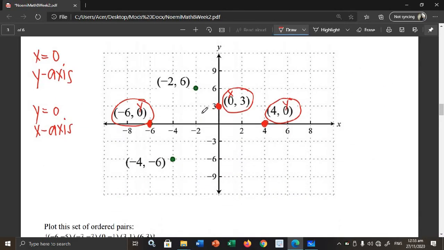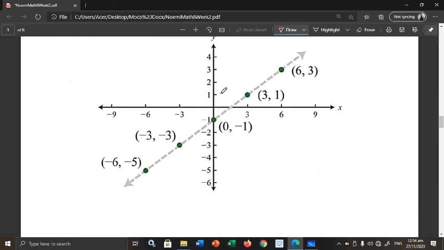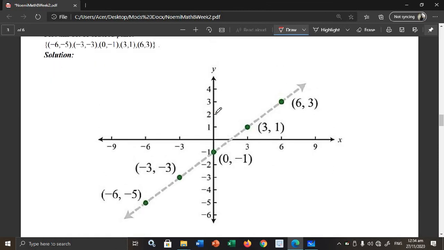Pero the labeling of the x and y axis is according to your liking. No? Katulad nito, by 3, multiples of 3 yung sa y-axis niya. Dito sa x-axis niya, multiples of 2. It depends sa iyo kung saan ka mas convenient. Okay? So, like this, no? Dito sa y, multiples of 1. Dito sa x-axis, multiples of 3.